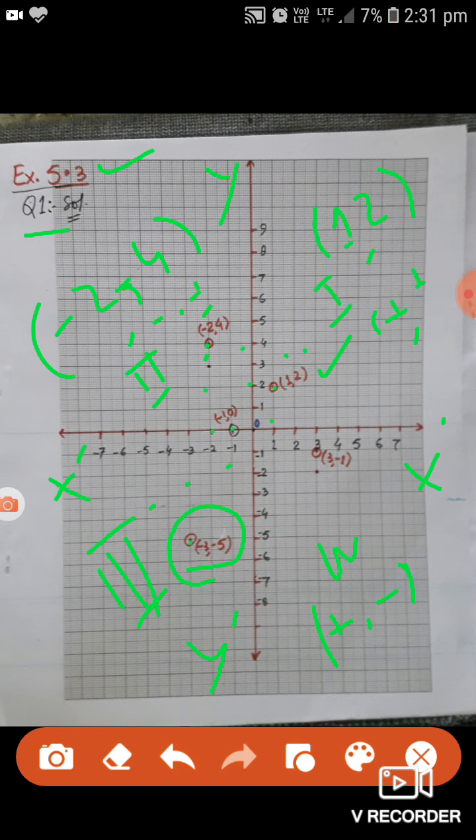Similarly, we can check (3, -1). The abscissa is positive, so 3 is over here and -1 is over here.